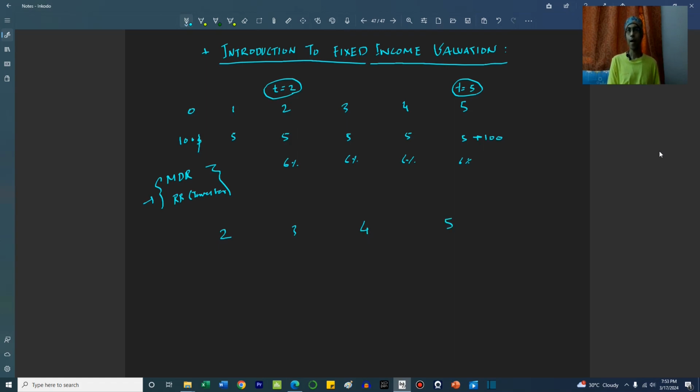Now I am trying to find the value here, right? So the coupons that I will be receiving is 5 here, 5 here, 5 here, and the maturity amount if I keep it till maturity, right? And the discounting rates at this point is 6%. Discounting rate at this point is also 6%. Here also it is 6%.